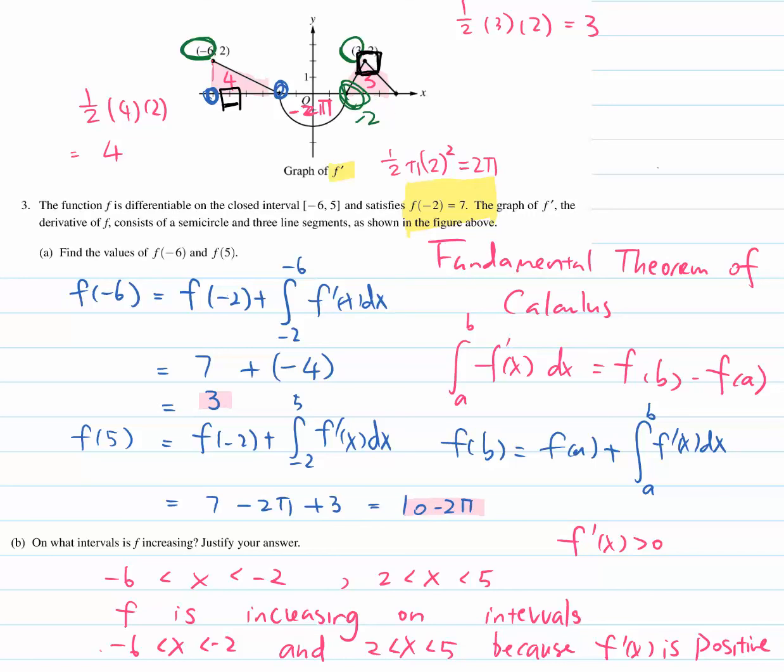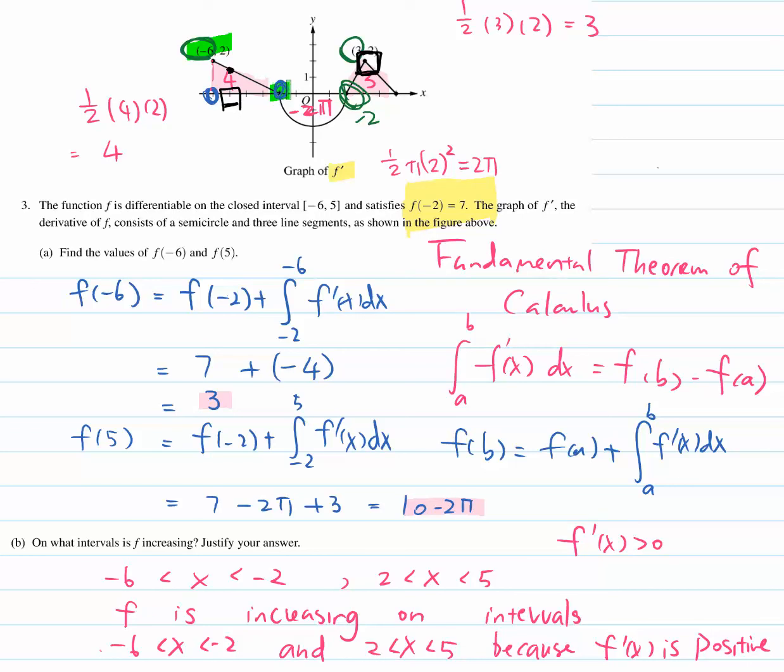To find double prime, we can just find the derivative, or the slope, of f prime of x. So for x equals negative 5, we can use dy over dx. And using 2 points, negative 6 and 2, and negative 2, 0.